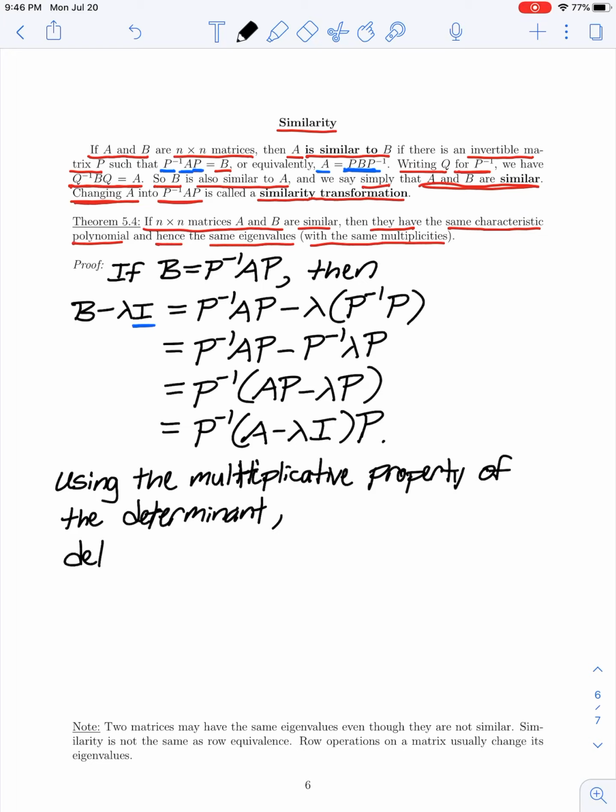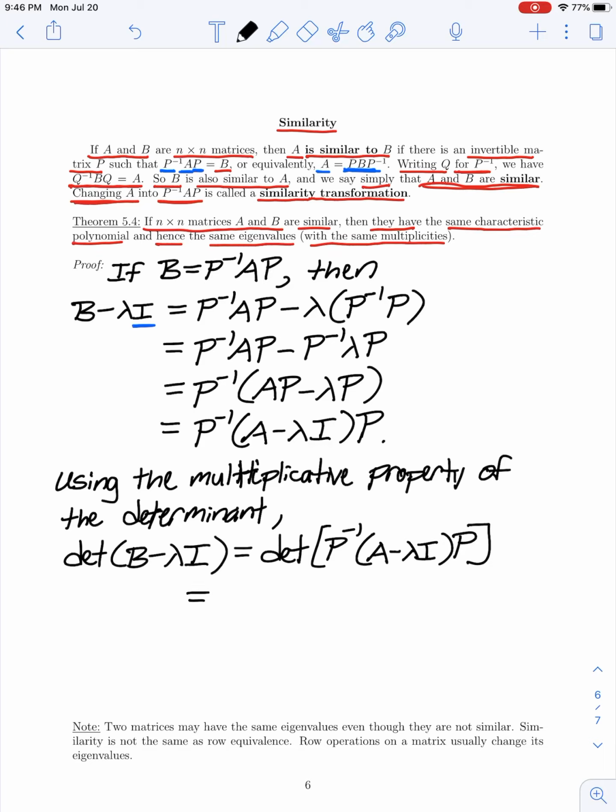So our determinant on the left-hand side is the determinant of B minus lambda I, so that is the characteristic polynomial of B, which would be equal to the determinant of, on our right-hand side, we had P inverse times A minus lambda I times P.